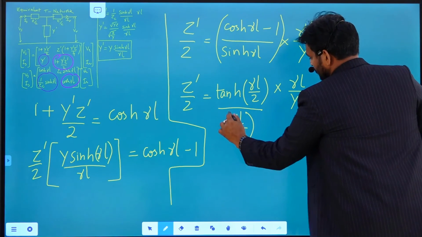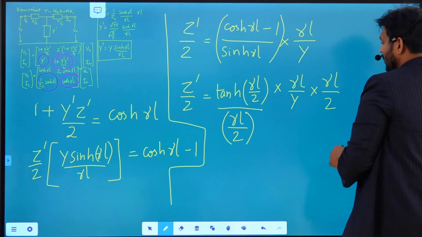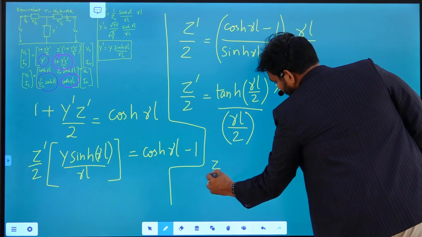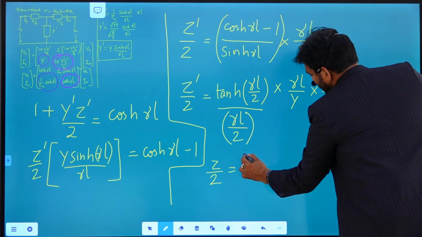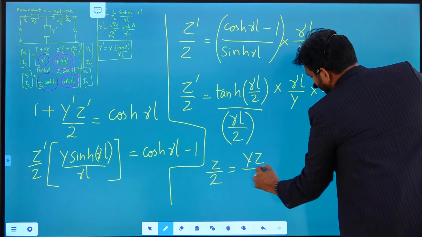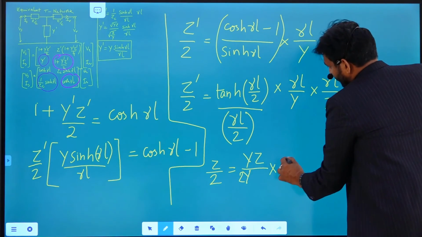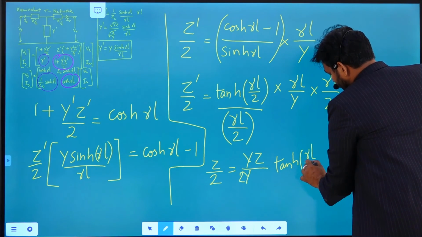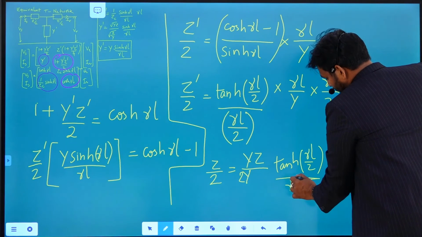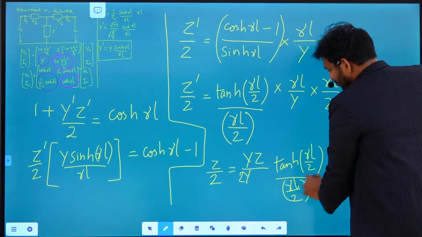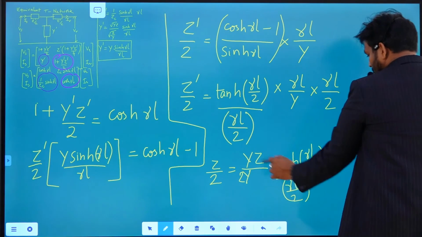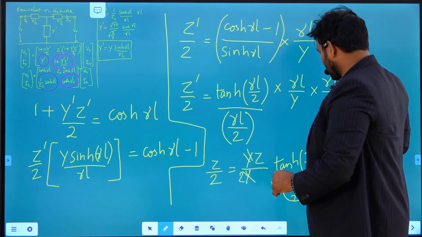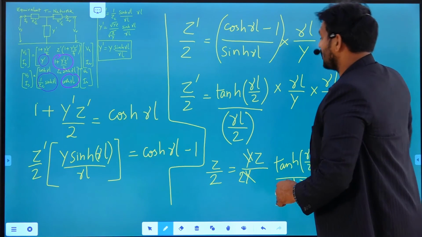Okay. So gamma L into gamma L is gamma L square. What is gamma L square? YZ. Therefore YZ upon 2Y into tanh of gamma L by 2 upon gamma L by 2. Okay. So this Y and Y will cancel. You will get Z by 2 into tanh of gamma L by 2 upon gamma L by 2.